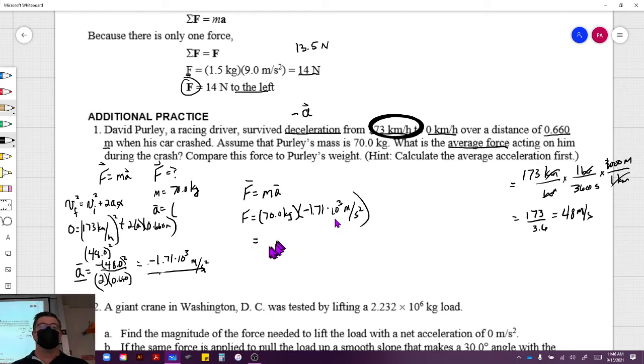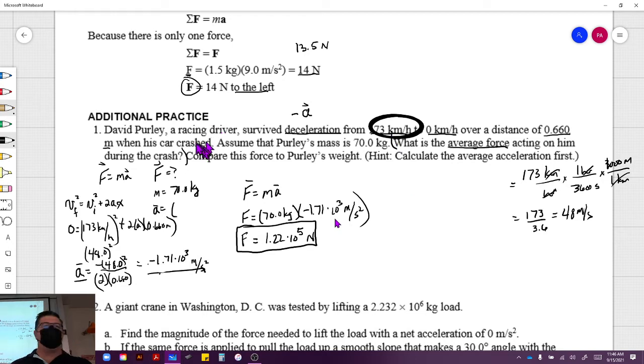And that gives us 1.22 times 10 to the fifth newtons. Oh, it didn't take. Okay. So that's the answer to the first one. What is the average force acting on the crash? So we identified this question here.